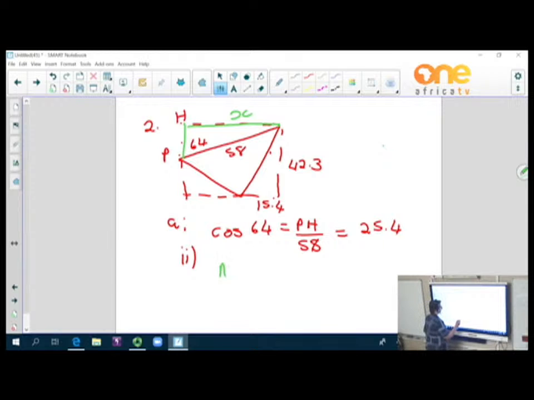So AH is then equal to 58 squared minus 25.4 squared. And that gives us, as I say, you might use another function as well there. And it gives you 52.1 meters.